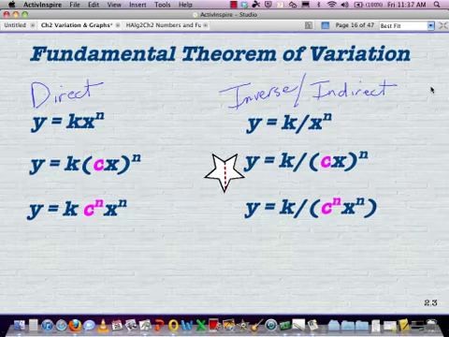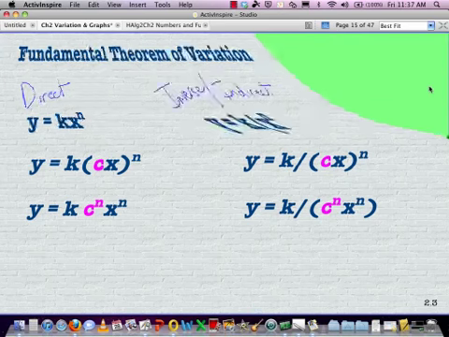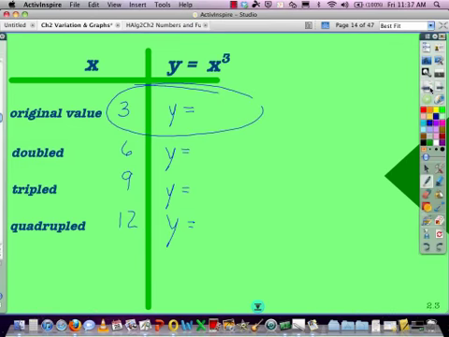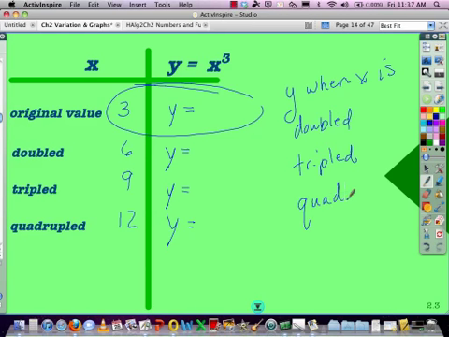This is just the generic theorem, but these two sheets we talked about, the inverse version and the direct version, need to be filled out, and you need to answer what happens to y when x is doubled, or tripled, or quadrupled. Those are all individual questions that I could ask.